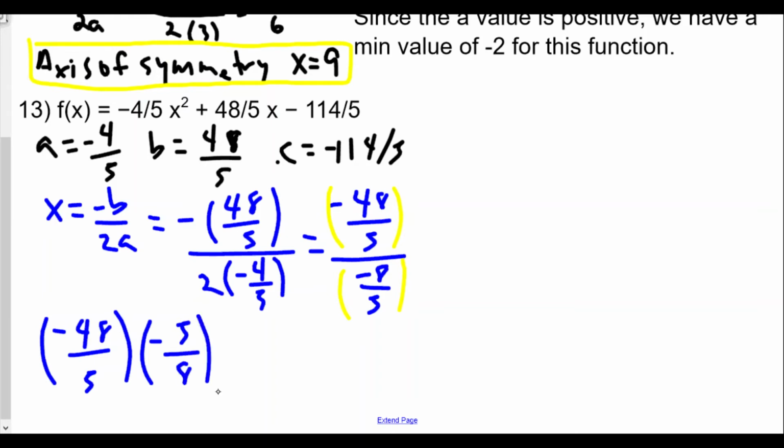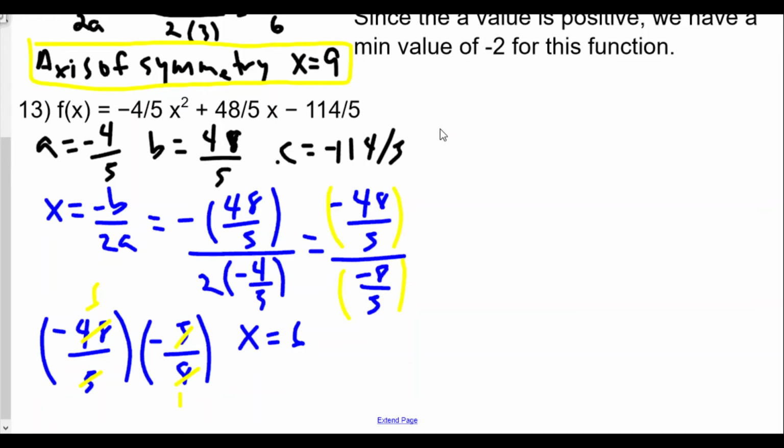And instead of multiplying across, I always try to simplify. The 5's divide out, and 8 goes into 48 6 times. So we're going to get an axis of symmetry of -6 times -1, or +6.